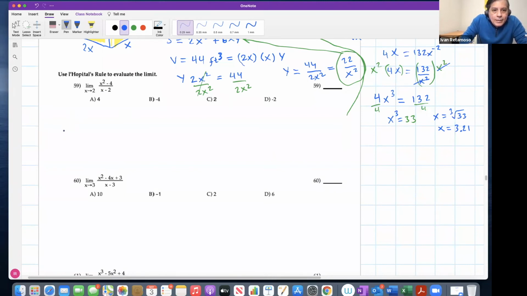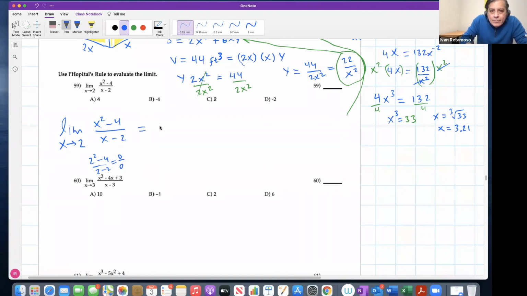deals with this type of limits, the ones that are undefined when you attempt direct evaluation. You attempt direct evaluation, and notice you get 2 squared minus 4 over 2 minus 2. 2 squared is 4, 4 minus 4 is 0, 2 minus 2 is 0, so 0 over 0, undefined.